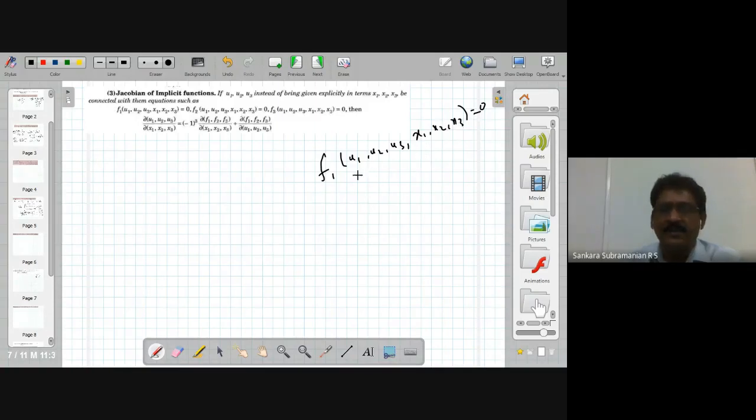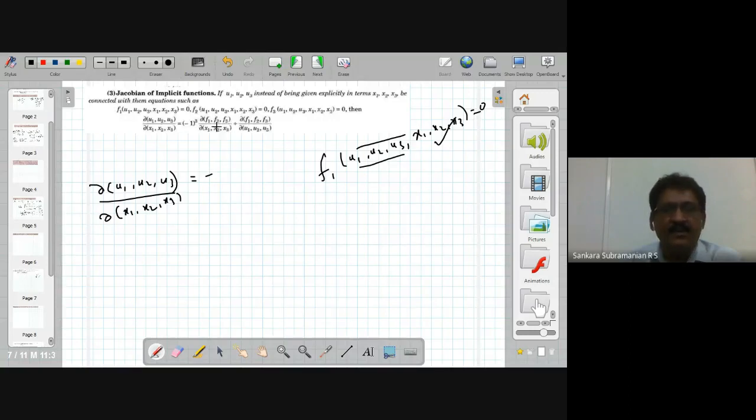Similarly, f2 and f3 are also like that. Then if you want to find the Jacobian of u1, u2, u3 with respect to x1, x2, x3, we have a formula. This is minus 1 whole cube is minus. You don't want to see the bookwork.